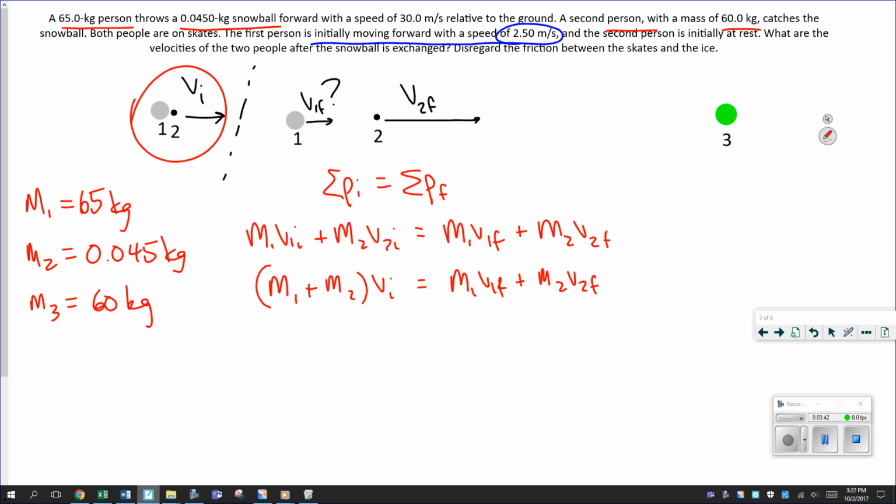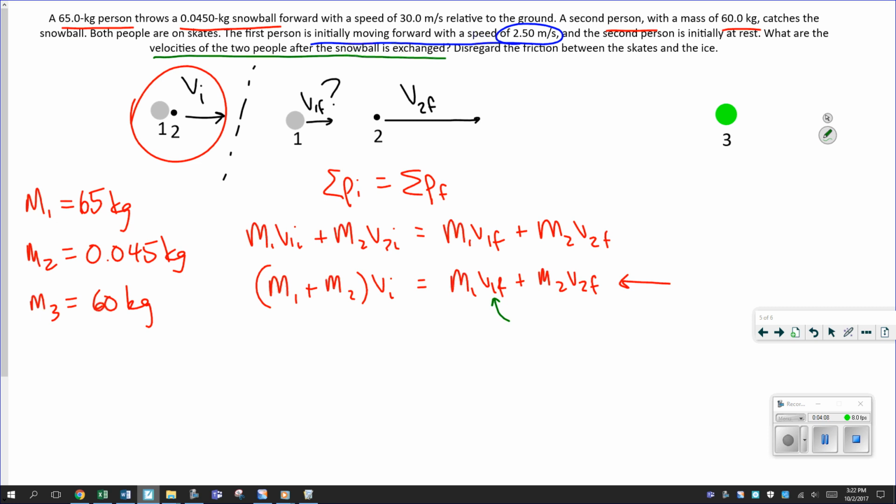Notice we haven't even defined what we're looking for yet, but I know this statement is true. We're looking for the velocities of the people after the snowball is exchanged. Well, the first part of the exchange is person one throwing the snowball. So I want to know what this person's speed is after the interaction.